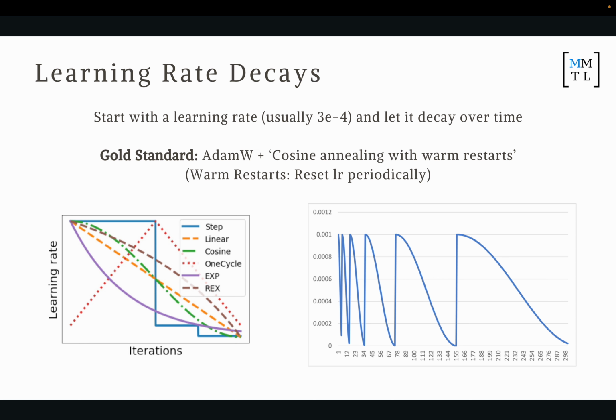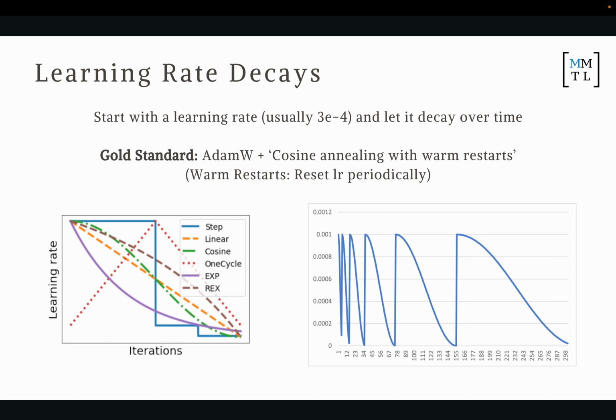And so the gold standard is AdamW, which is that optimized version of Adam, which is momentum plus RMS prop. And then you add this thing called cosine annealing, which basically just means that you have a decay. That's called annealing, and in a cosine way, with warm restarts, which means you restart every single time.